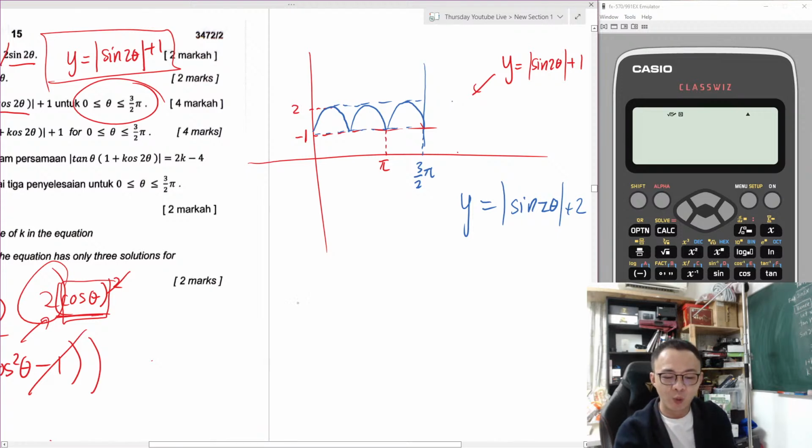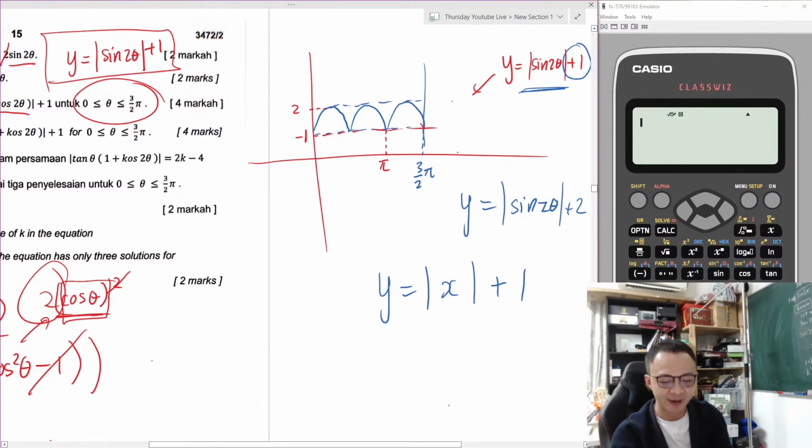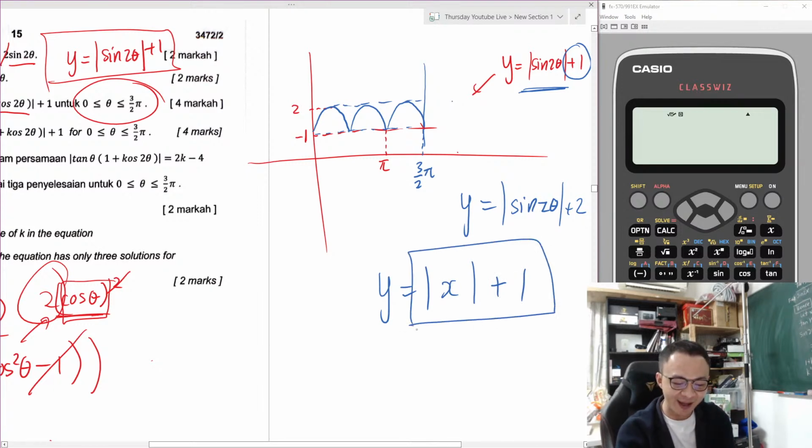When you see modulus x plus 1, what does it mean? Imagine I put some value, here can be modulus x, plus 1. Can I get any value below 1?